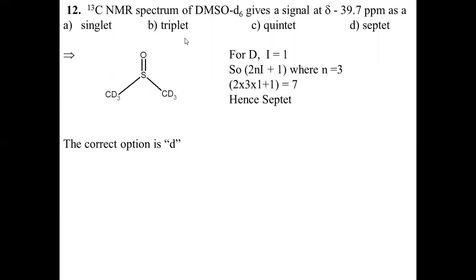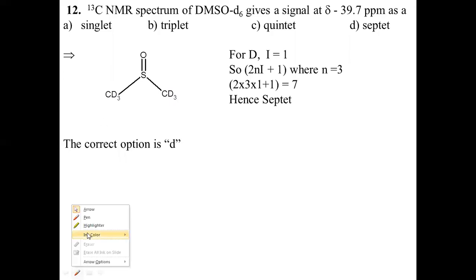Now first you write the structure. Now if you see, you have 2 carbons and when you look at them, both of them are identical. So that is why they have given you only one signal. And here we know for C13 NMR, it is the group which is attached to it, either hydrogen or deuterium, which undergoes the splitting. And here you have deuterium.